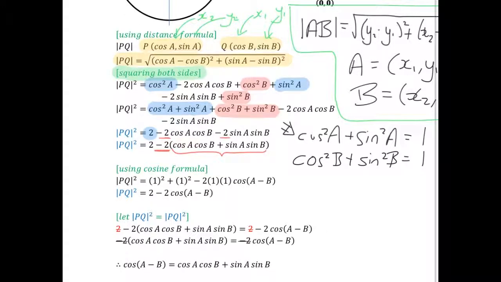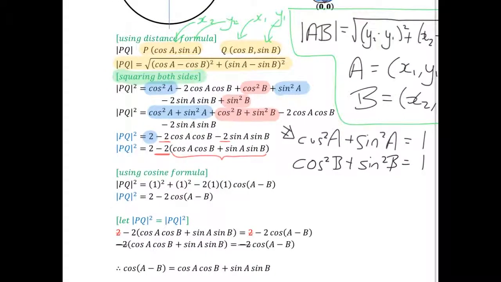So just filling in our values, A is equal to our unknown PQ, B is equal to 1, C is also equal to 1, and our angle, capital A, is going to be that A minus B we had above.